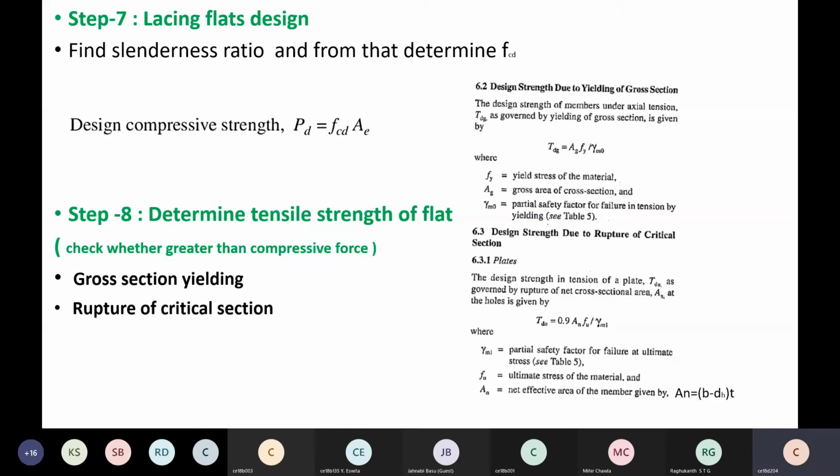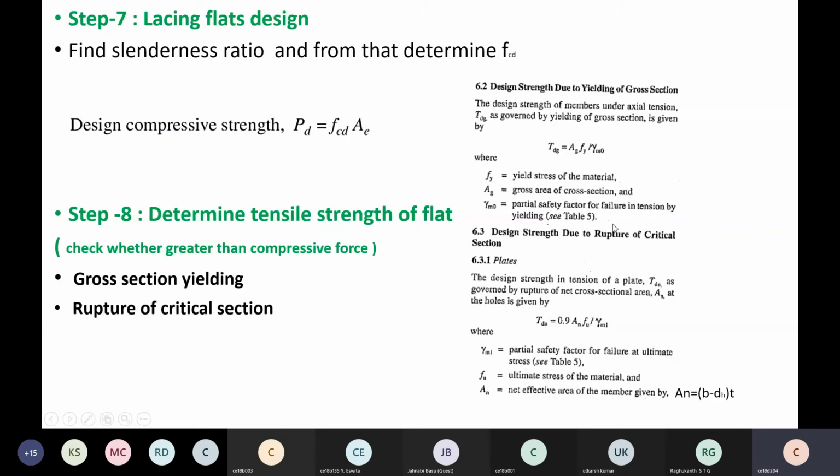Completed? Cross section yielding. Gamma m naught is 1.1 or 1.25? 1.1. You have already used it in the last classes, right? The partial safety factor for failure in tension for yielding.